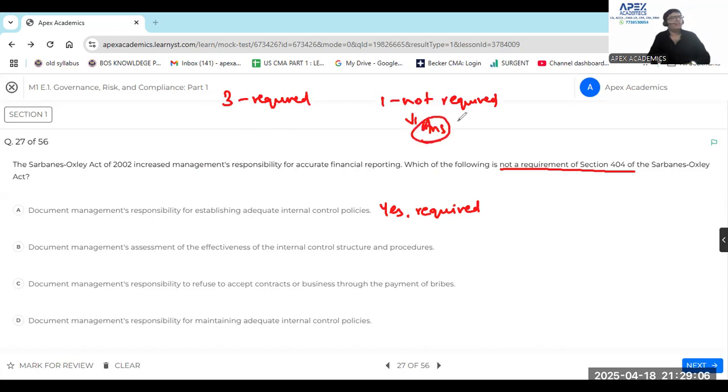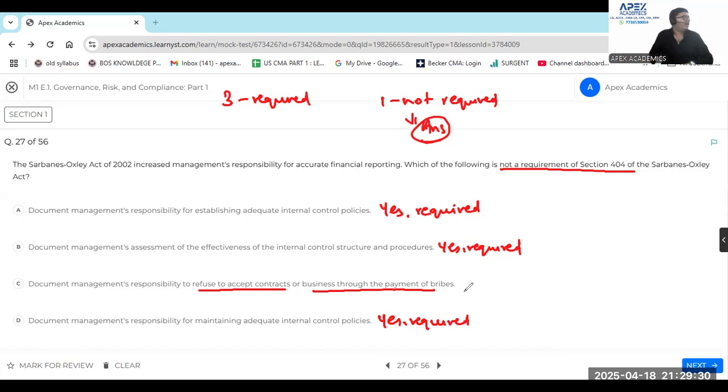Document the management's assessment of the effectiveness of internal control structure and procedure. Yes, it is required. Documents management's responsibility to refuse to accept contracts or business through the payment of bribes.